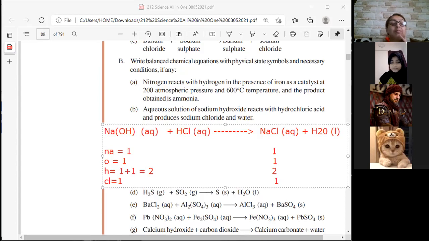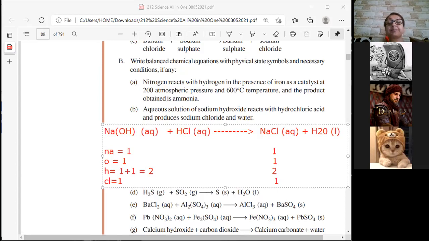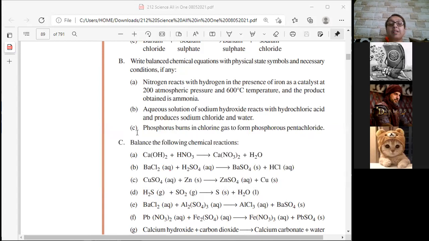Have you copied it down? Are you all understanding also, beta? Yes, ma'am. Can I erase it? Now moving towards the C question. Phosphorus burns in chlorine gas to form phosphorus pentachloride.